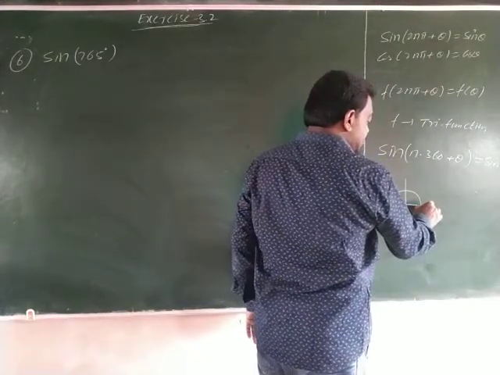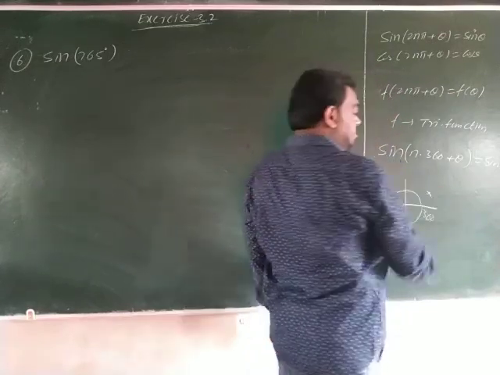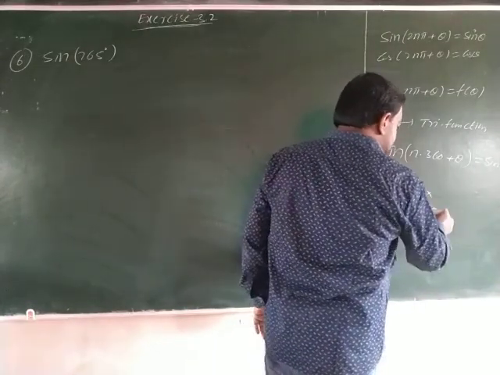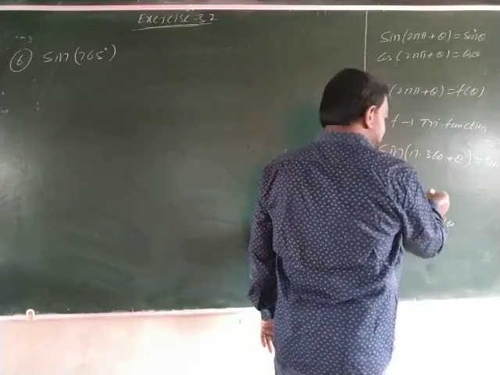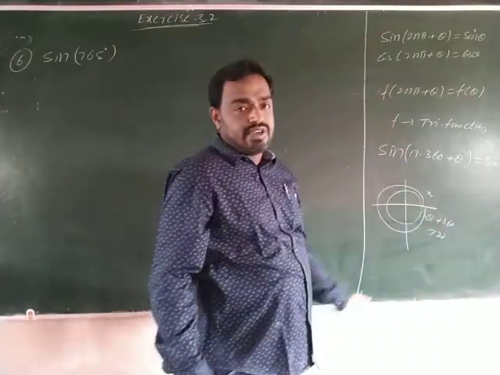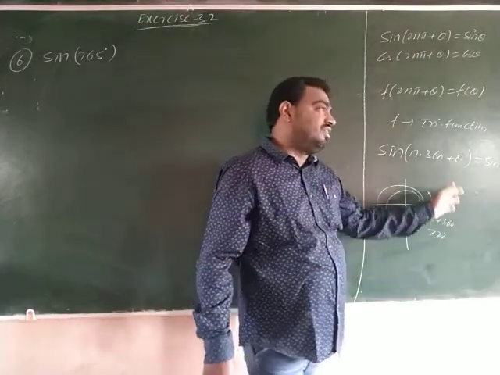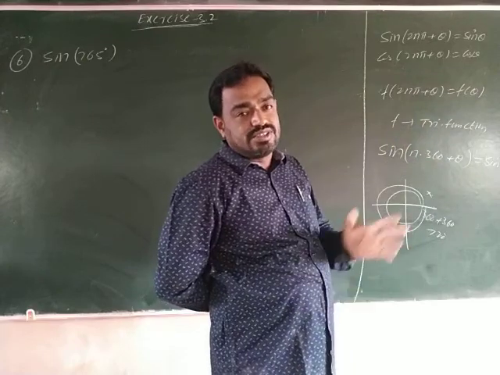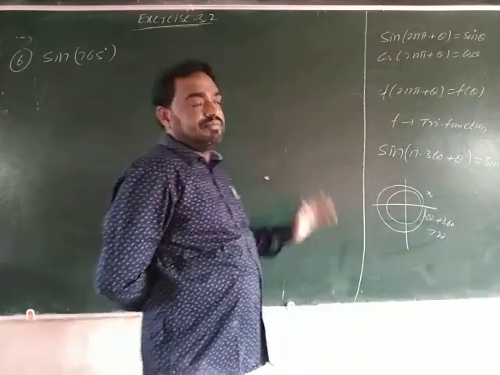After completing the rotation, this is 360, and adding more brings us back to the first quadrant. After the second rotation, 360 plus 360 is 720, and again we go to the same position. So after completion of one revolution, every trigonometric value gives the same value. Based on this, we are proving this.